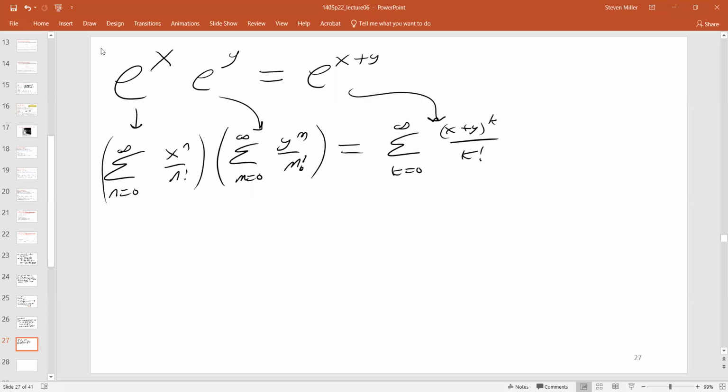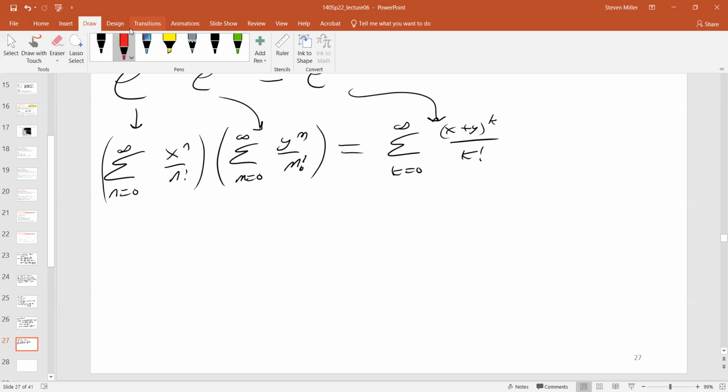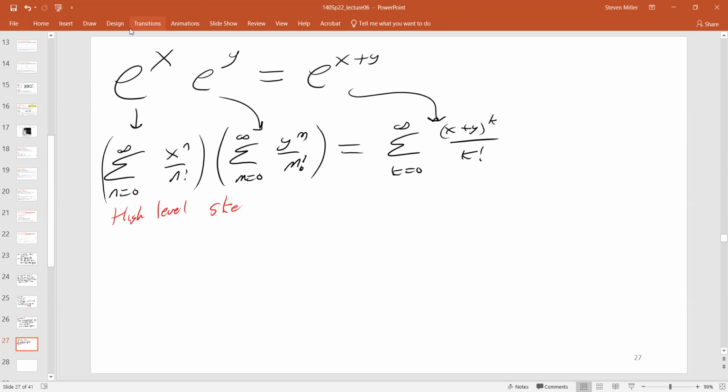So we now have to prove that this is true. And so again, I'm going to just do a high level sketch. I can write this as the sum, k goes from 0 to infinity, the sum L goes from 0 to k of x to the L, y to the k minus L over L factorial, k minus L factorial.